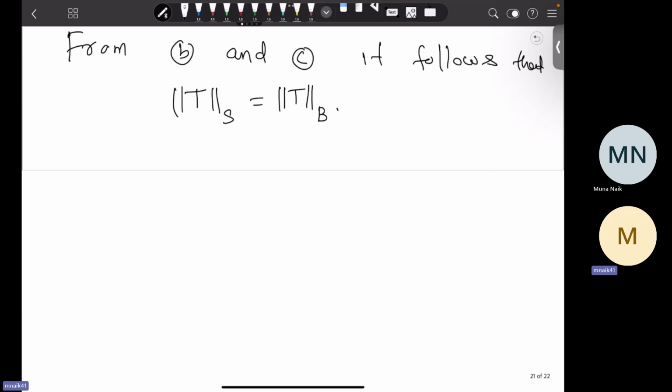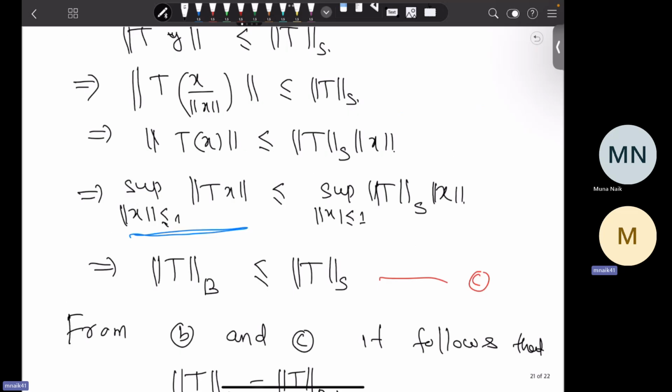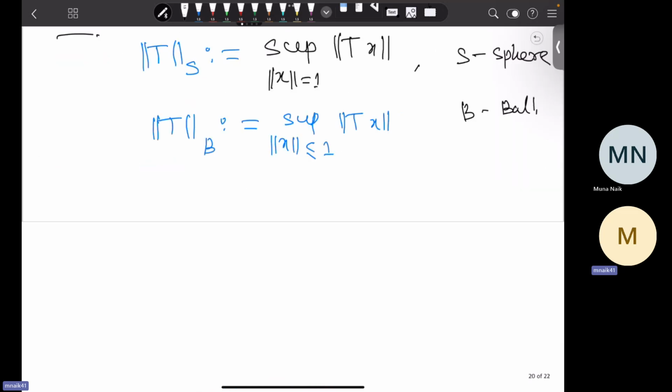Since the norm of Ts is equal to that of Tb, and what is the norm of Ts? The supremum over norm x equal to 1 of norm of Tx, and the norm of Tb is the supremum over norm x less than or equal to 1 of norm of Tx.